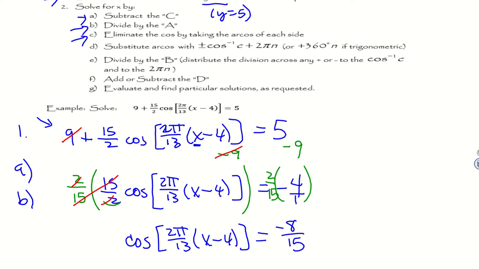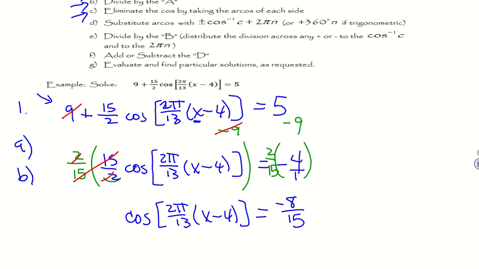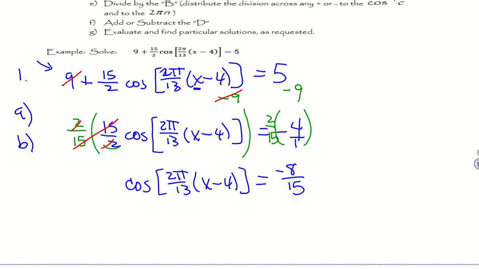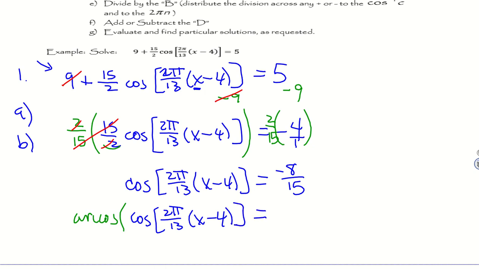My next step is to eliminate the cosine by taking the arc cosine of each side. So I'm going to take the arc cosine of what I had, which is the cosine of 2 pi over 13 times (x - 4), and that equals, what I do to the left side, I have to do to the right side.